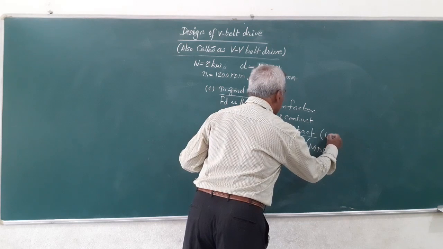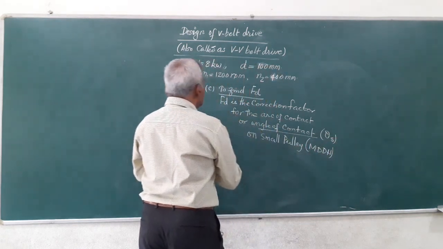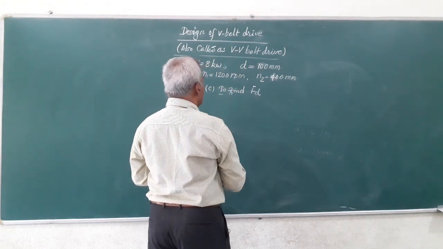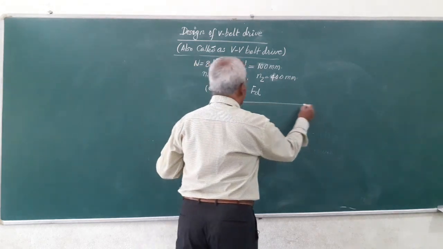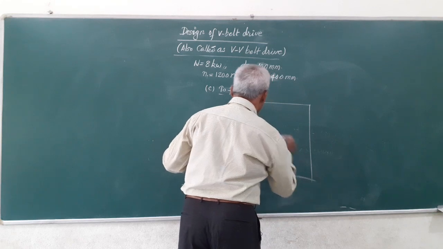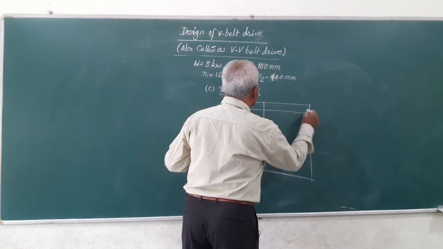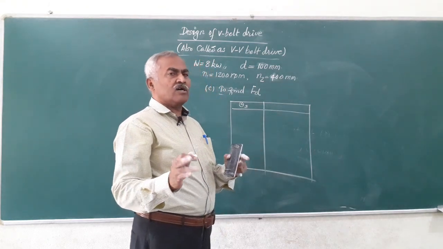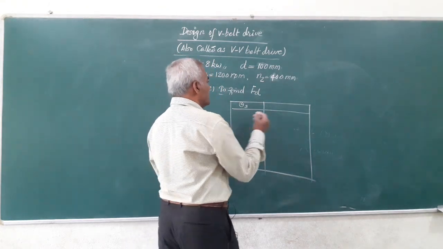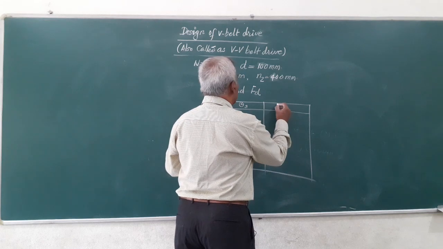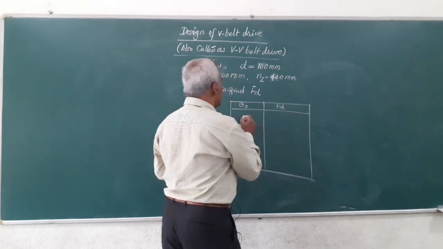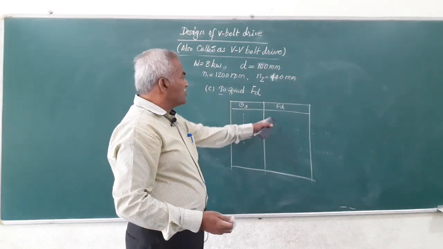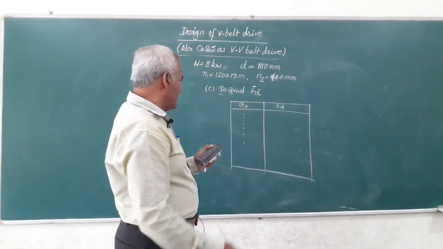Say this is theta s, and in the machine design data handbook, they have given a simple table in which you have just two columns: the first column is theta s, the angle of contact on the smaller pulley, smaller sheave, and then the value of FD. So, if you are able to find out the theta s for the given drive, then you should be able to find out what is FD.